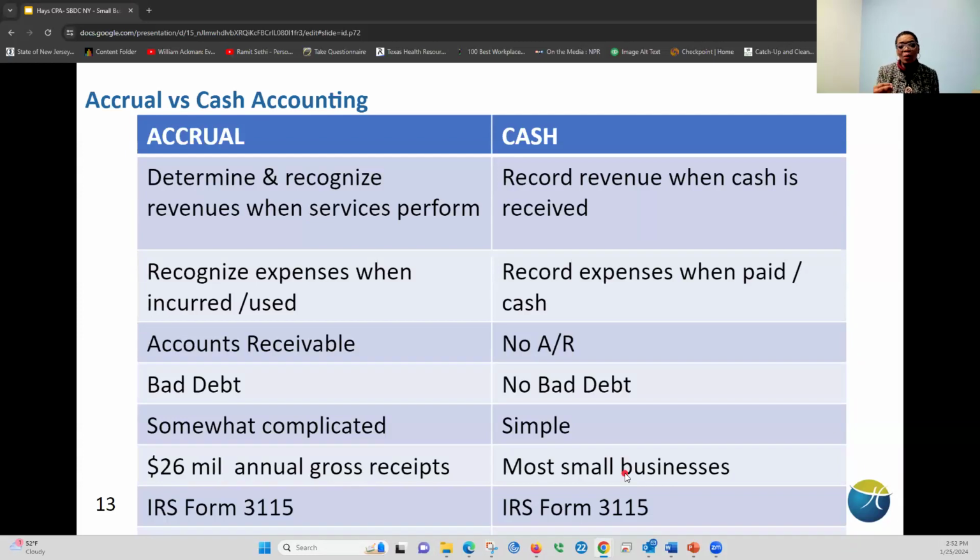Once you get that check from your customer, you're supposed to recognize that revenue within the year that you get the cash. But sometimes people defer payment or revenue to another year because they're strategizing, because they want to stay within a low tax bracket.